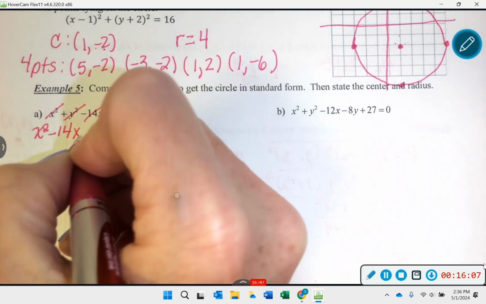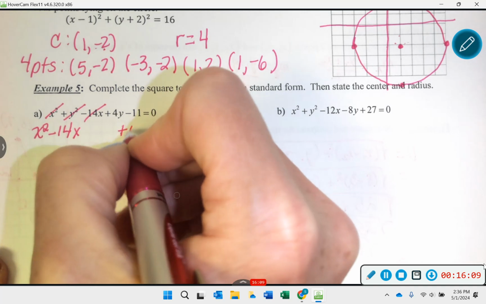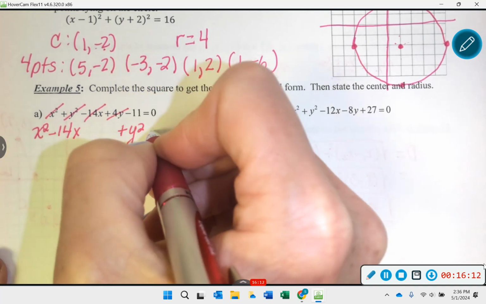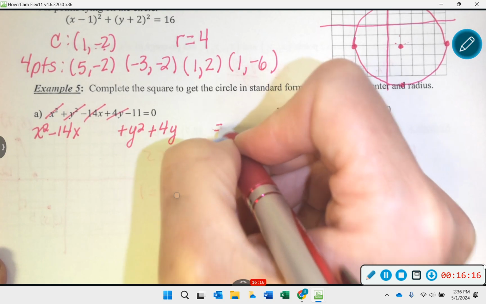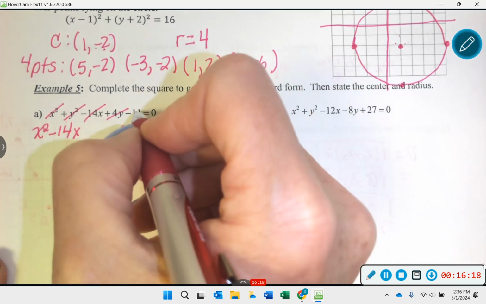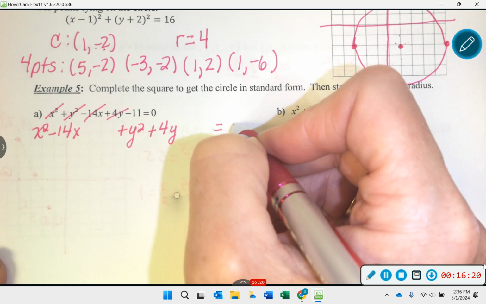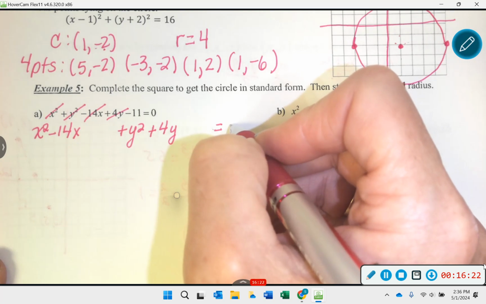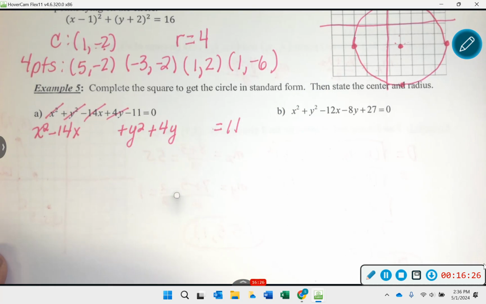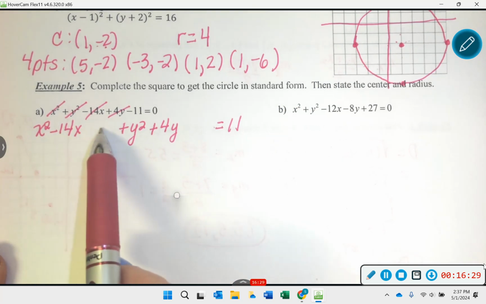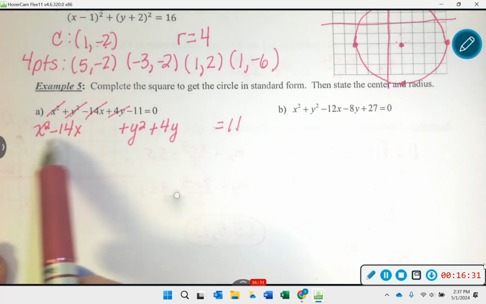Here's a y term. Leave some space here, guys. Put your y squared, put your other y term, leave some space, and then you have to take the constant over to the other side. So what's it going to become if I take it to the other side? Positive 11, good.